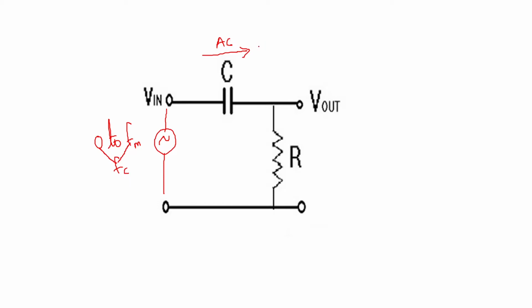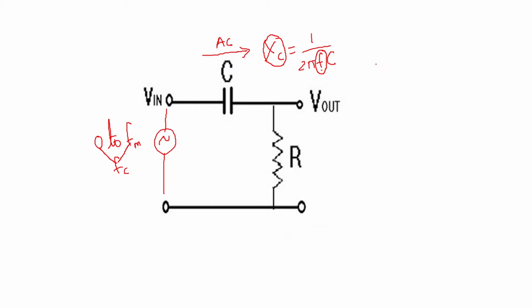That means the reactance given by C, the opposition to the flow of current, is given as XC = 1/(2πfC). Now here frequency is inversely proportional to the reactance of C. That means if frequency is high, reactance will be less. If the frequency is low, reactance will be more.